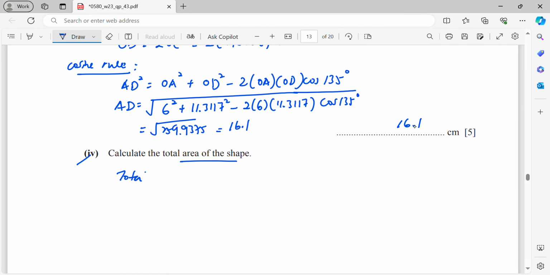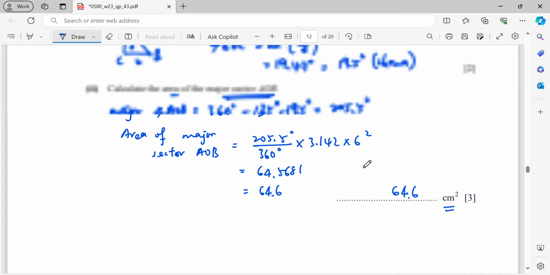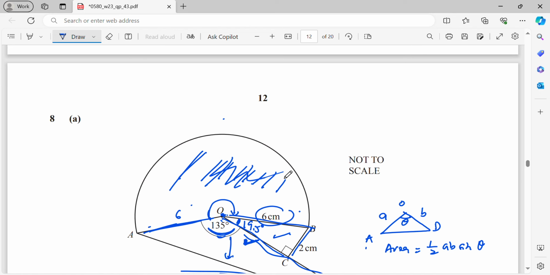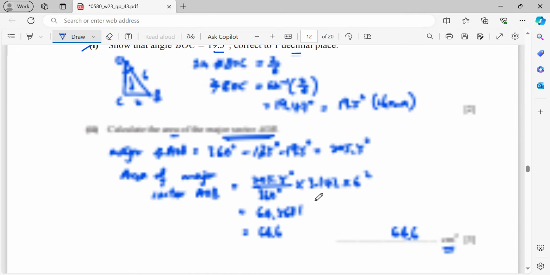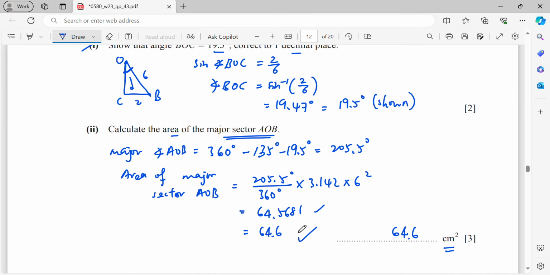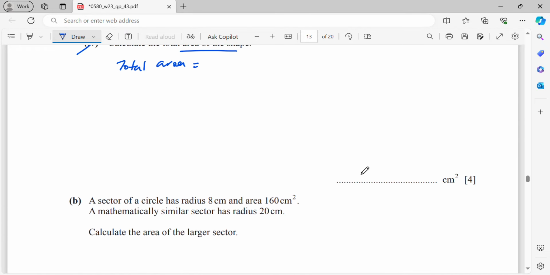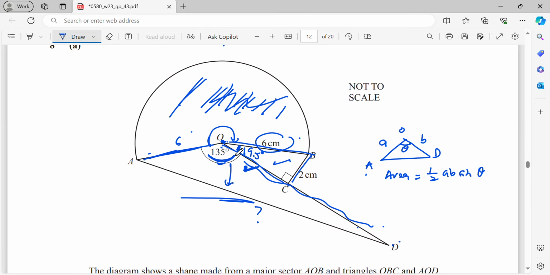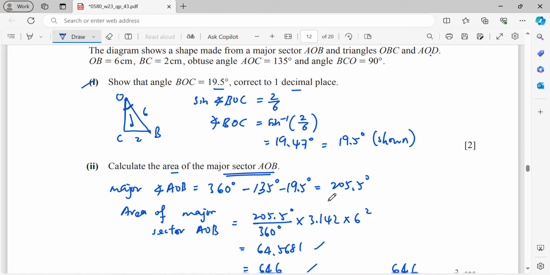So total area equals, just now we have found the area of the sector, 64.6, which is the major sector here. So I will just take the previous value, 64.5681, plus the area of the right angle triangle BOC, refer to here.